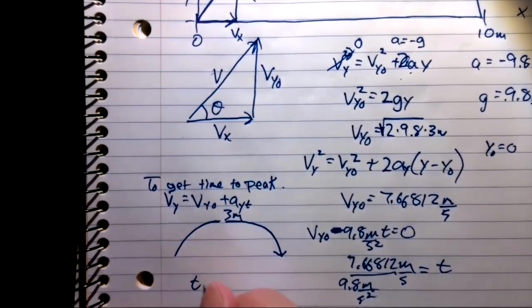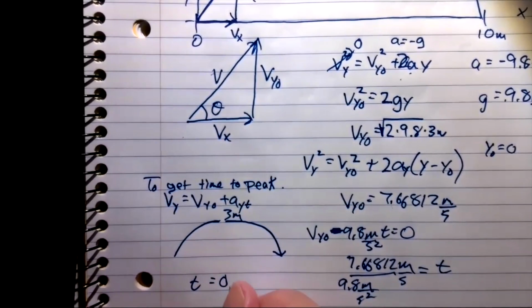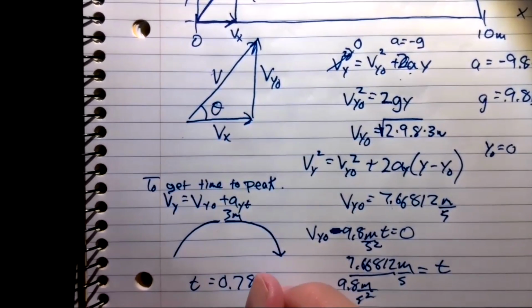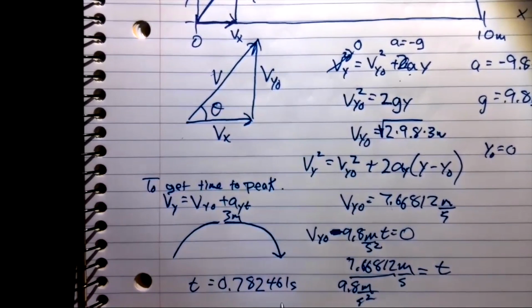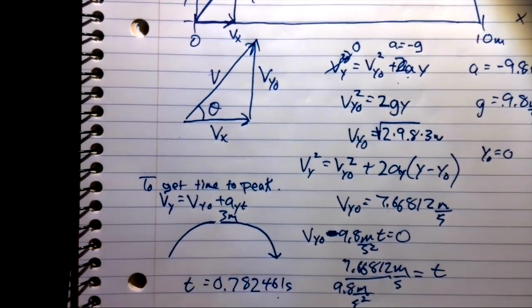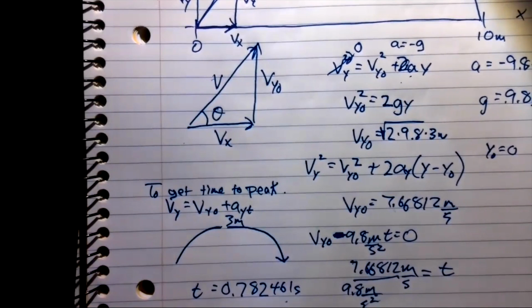So t will equal 0.782461 seconds. And I'm leaving these digits in here. When I get to the end, then I'll put it into the right significant digits.